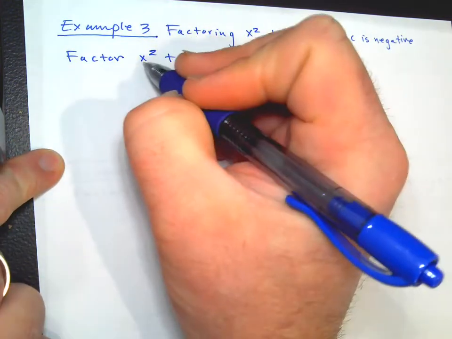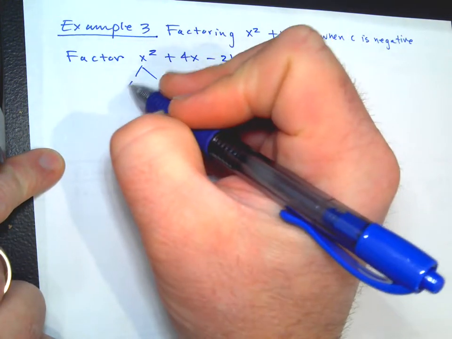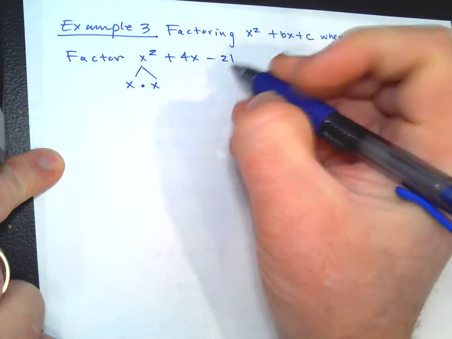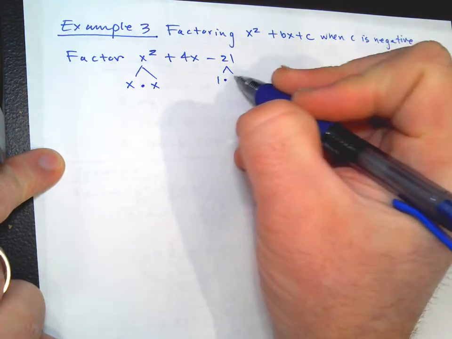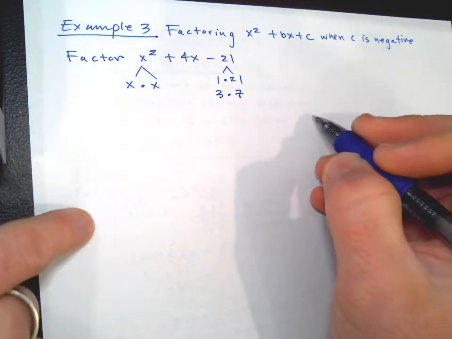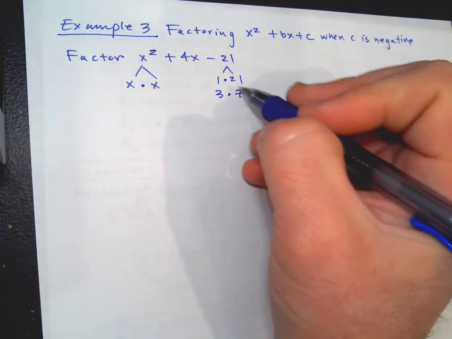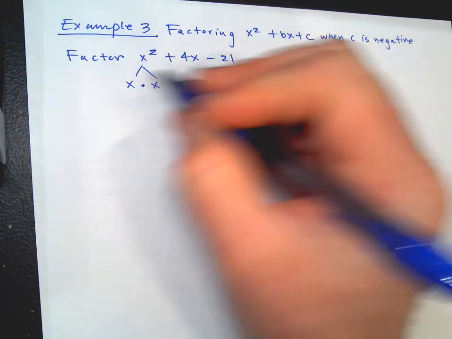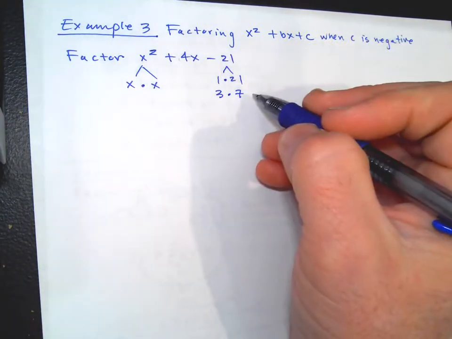Okay, so we're going to find the factors for the first term, x times x, that's it. And then 21 would be 1 times 21, or 3 times 7. Now, we've got to find the right combination that gives us the 4x in the middle.